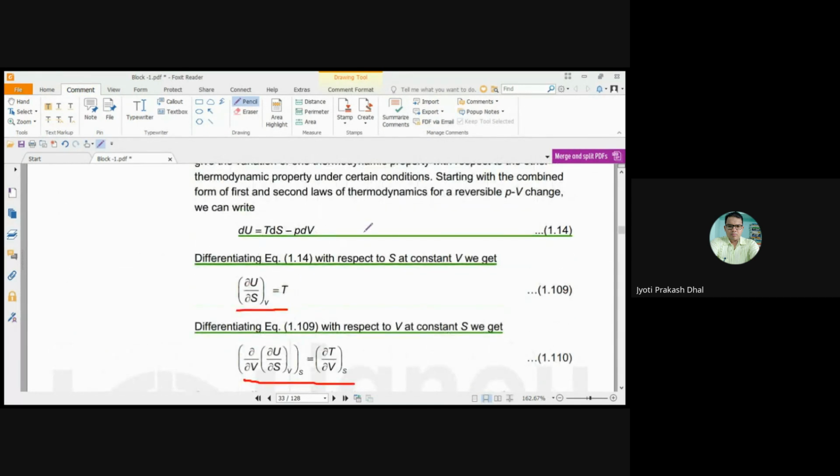So if we start from dU equals TdS minus PdV, this is equation 1.14. We have already discussed this equation in the last class.